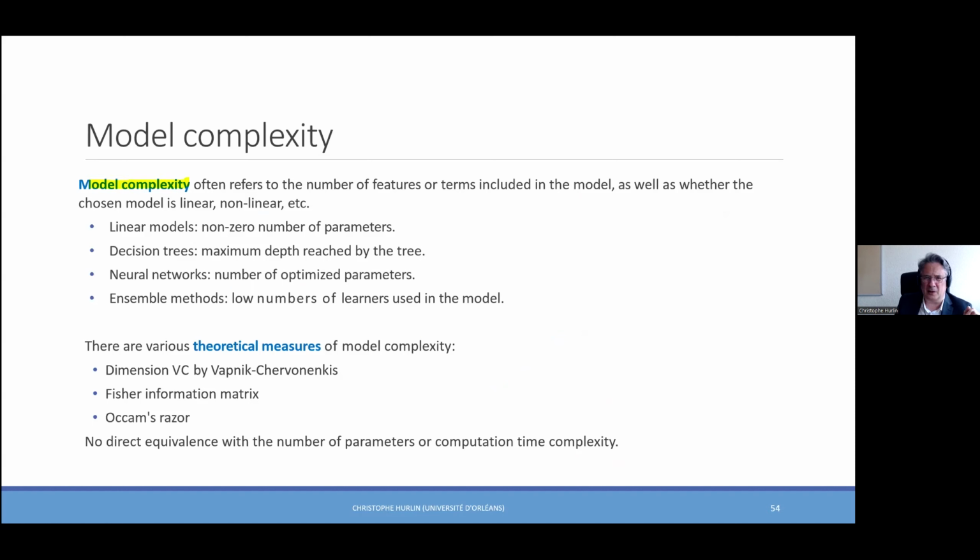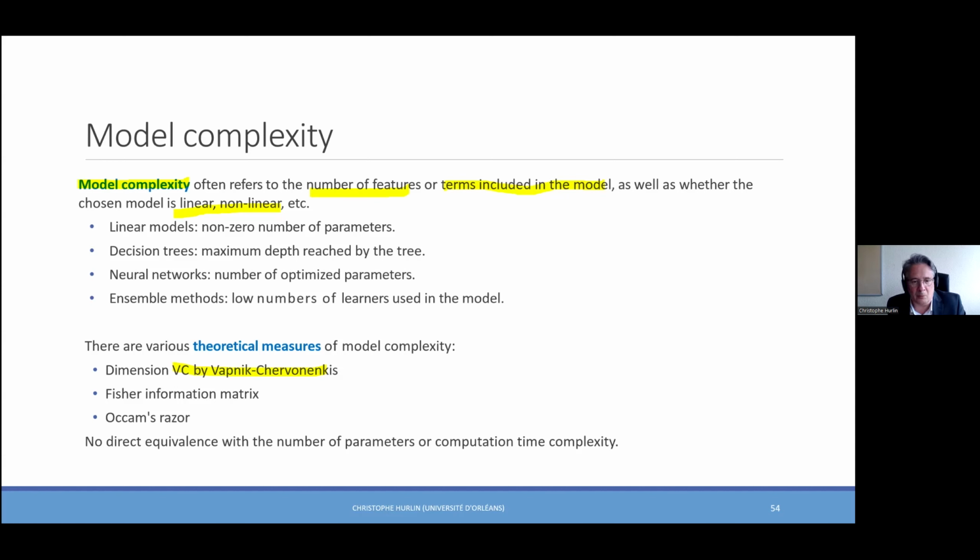What we call model complexity often refers to the number of features or the number of terms included in the model, as well as whether the model is linear or non-linear. It is difficult to define complexity in general because it involves strong mathematical concepts, the VC dimension of Vapnik, etc., and I want to avoid this. So let me go back to specific machine learning algorithms, where it is easier to define what complexity is.